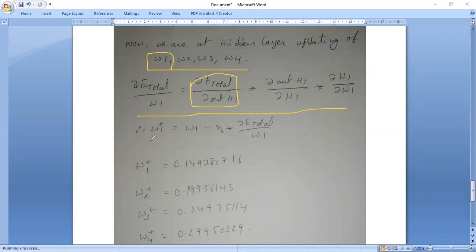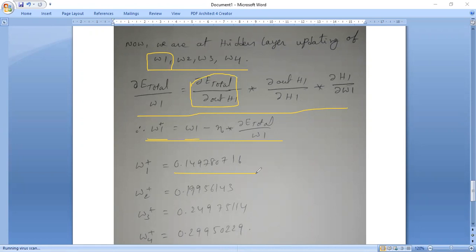Then finally, after calculating all these three parts, you may update the W1 weight. W1 plus equals the old weight of W1 minus eta into ∂E total by ∂W1. This is the formula for calculating W1 plus. So the answer for W1 plus is 0.149780716.